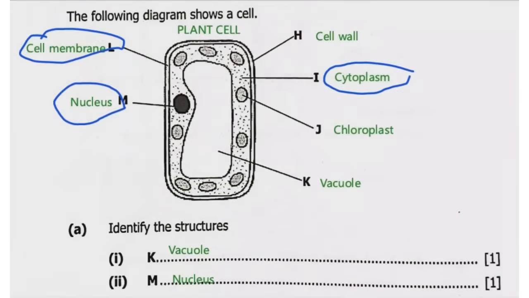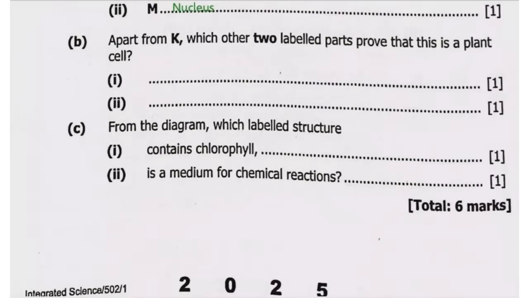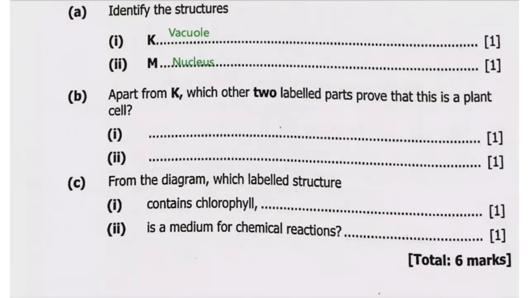Which parts? Those that are not circled are parts that prove that this is a plant cell, because chloroplast and cell wall are not found in an animal cell. So apart from K, which other two labeled parts prove that this is a plant cell?